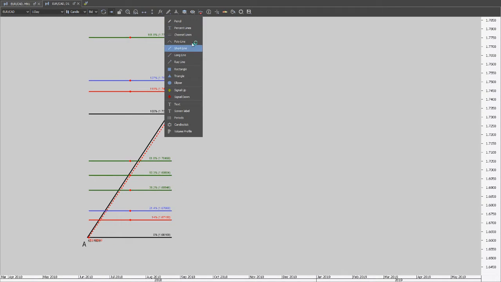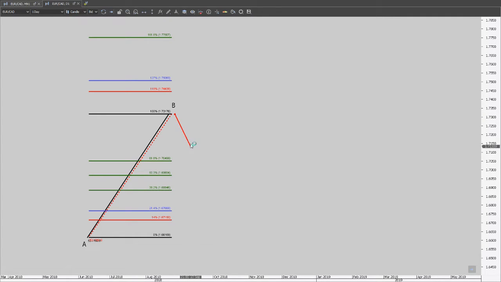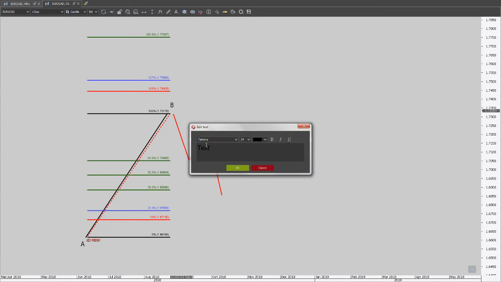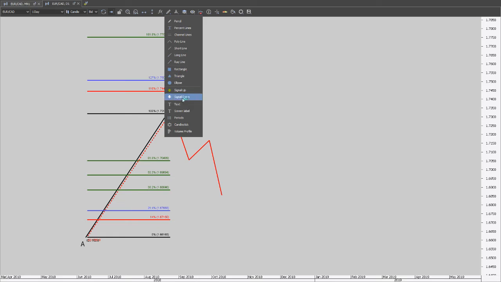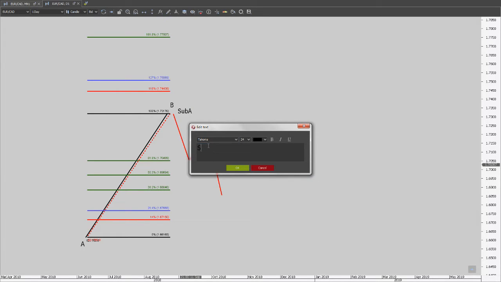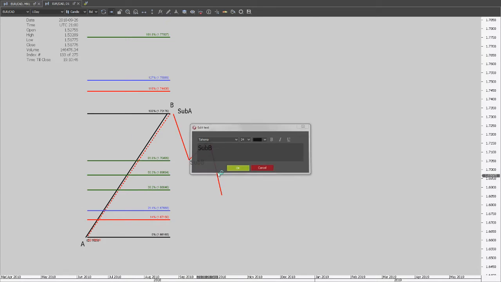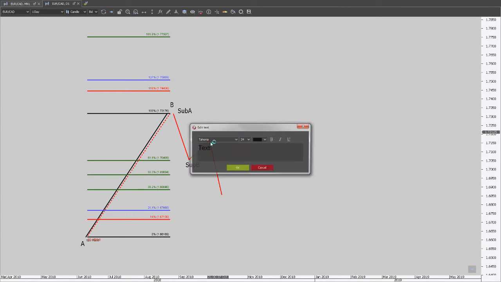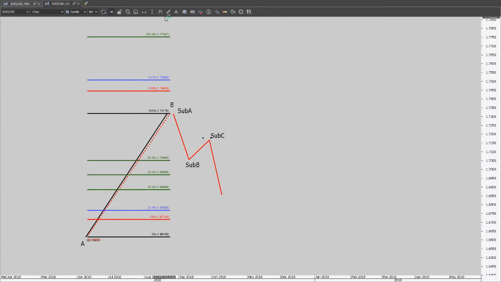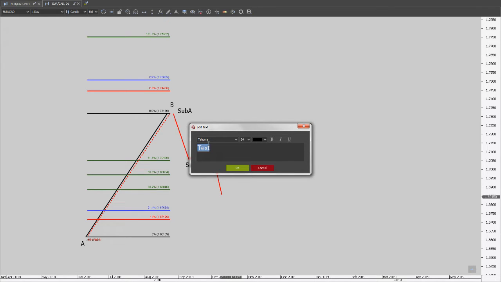So AB, and then we said that we want to trade in an uptrend, we want to find the confirmed C. So we had the sub A, we had the sub B, and we had the sub C, and we had the sub D, right?